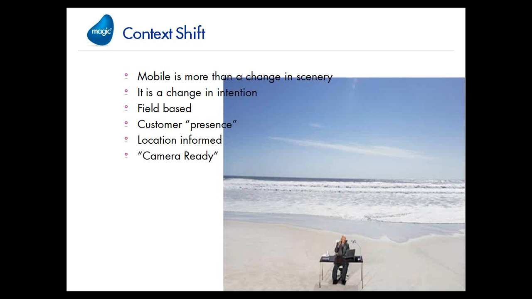And it's often also location informed, which means that the choices that are available can very much be based on where you are in terms of GPS location, so that it already knows what's closest to you in terms of giving responses. And finally, it's camera ready, meaning that if you need to take a picture, confirmations, and so forth, you have that capability in the device.